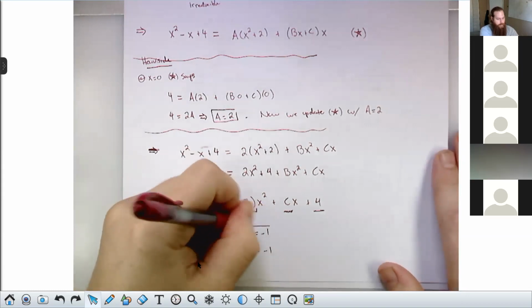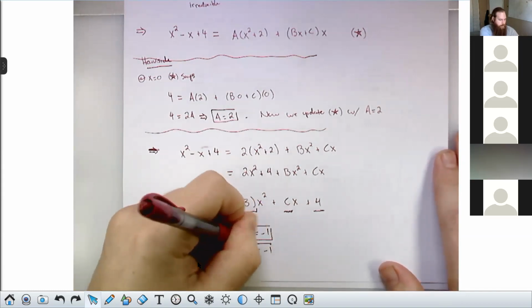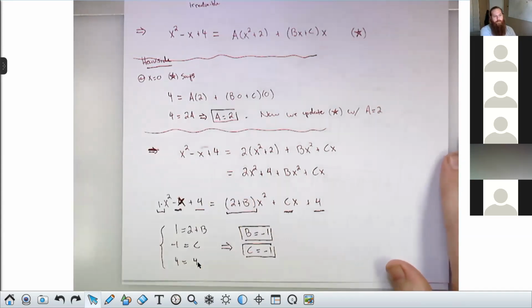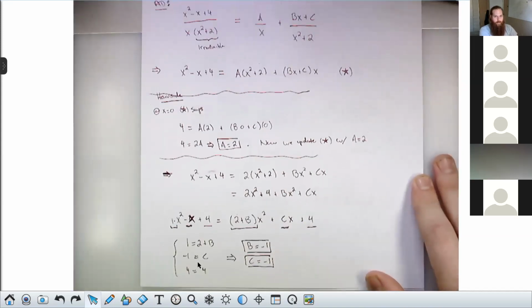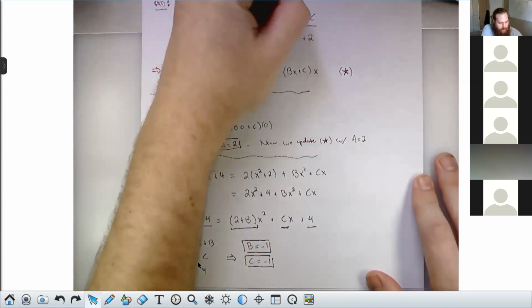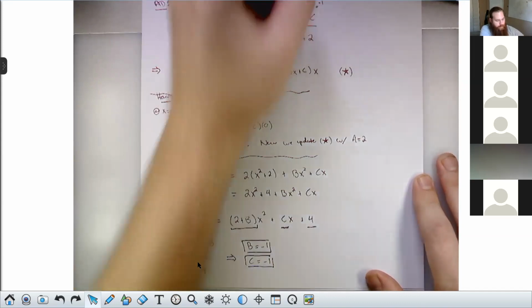So now you have a, b, and c. I can take this info back here. A is 2. B and C are both -1.